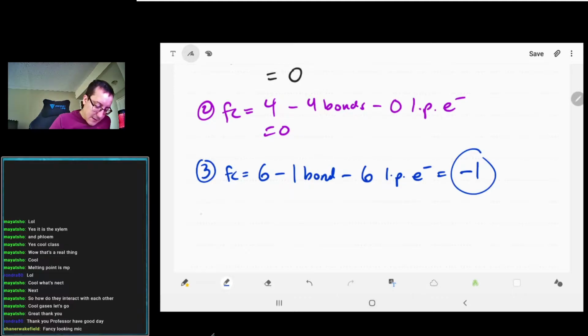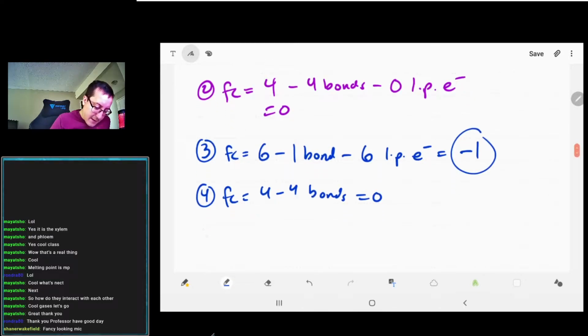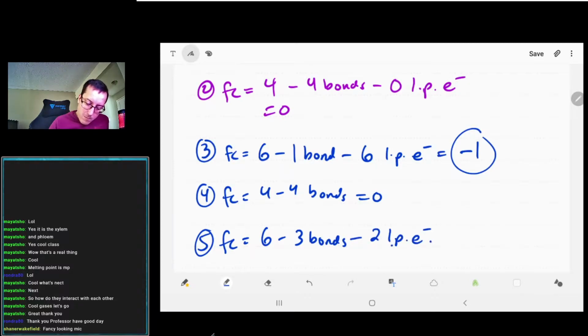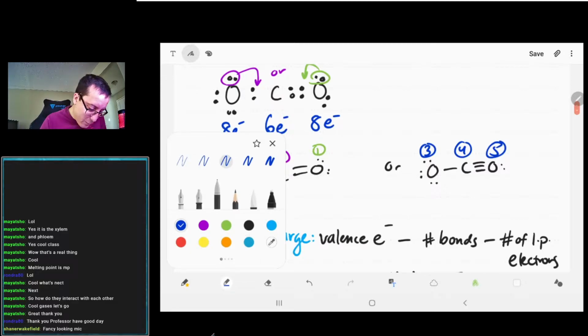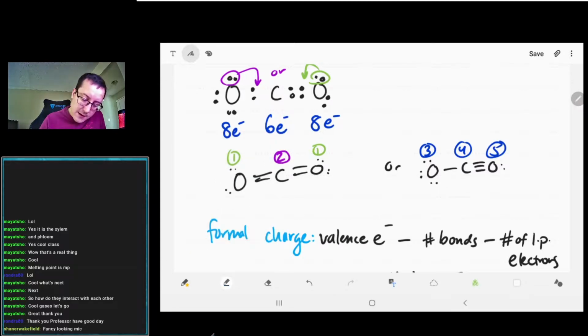If we do the rest, and the last one, this tells us that in our structure here, we actually have a positive charge on this oxygen and a negative charge on that oxygen.